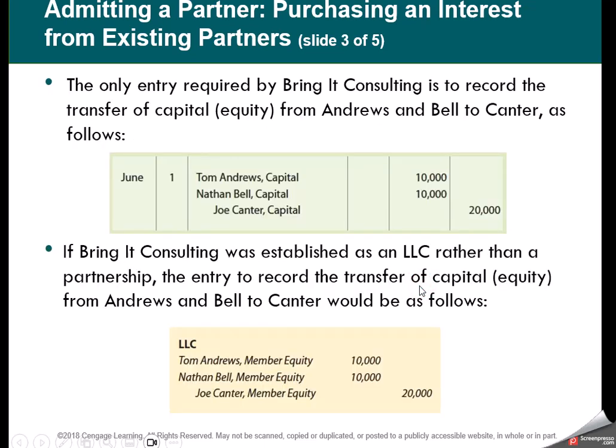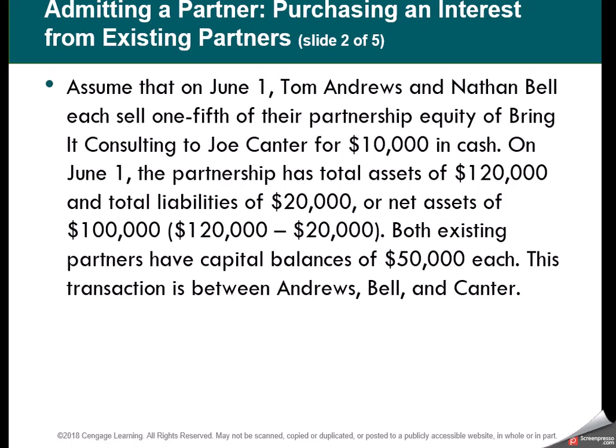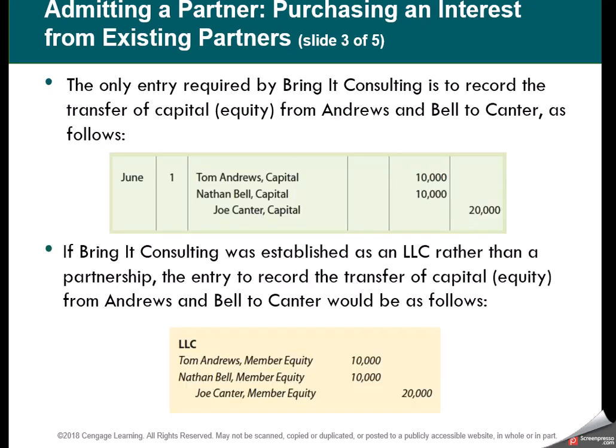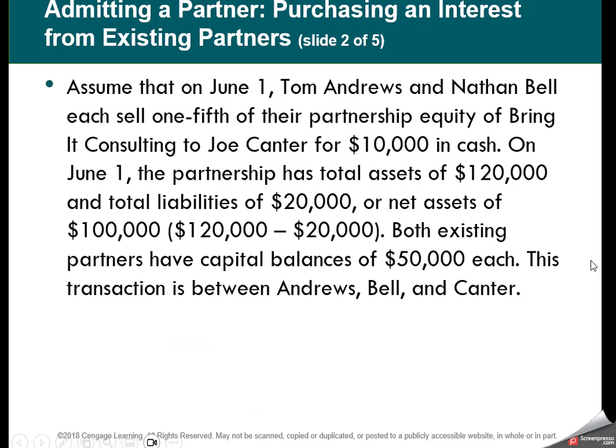So then here is our transaction. Let me go back here real quick. They're letting him into the partnership for $10,000 in cash. We are taking capital from each one of them and giving it to Joe in the form of the $20,000. That's the same thing with the equity. What did we do?